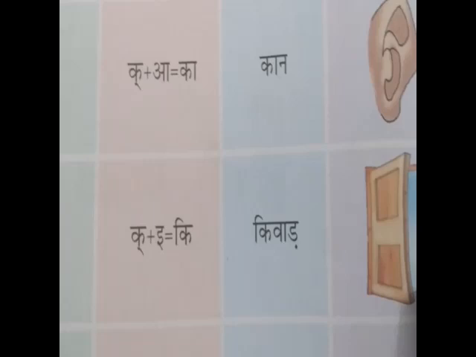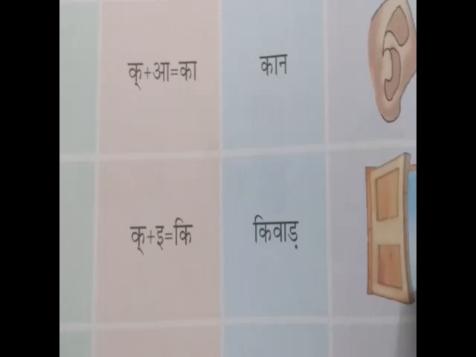Here, if it is short ki, choti ki, we write the matra just before K. But here we write the matra after K. So it will give you the ki sound. Ki. And the word which you are making from it: keel.